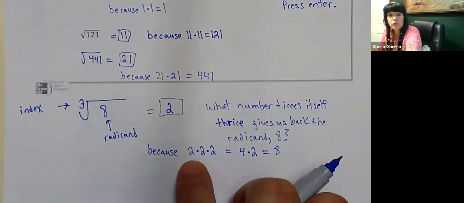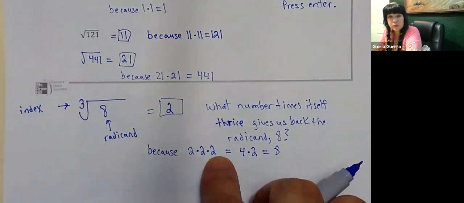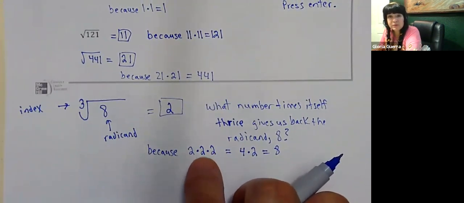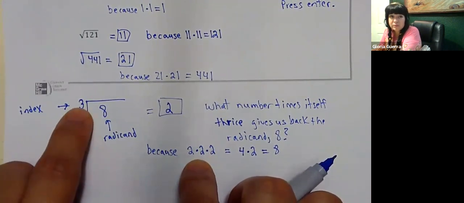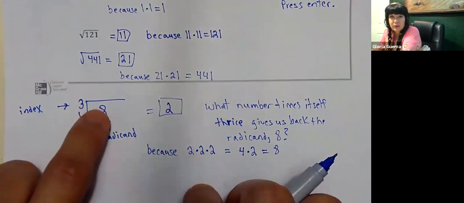So what number times itself repetitively, but 3 times, gives us back this radicand, which is 8? It's going to be 2.